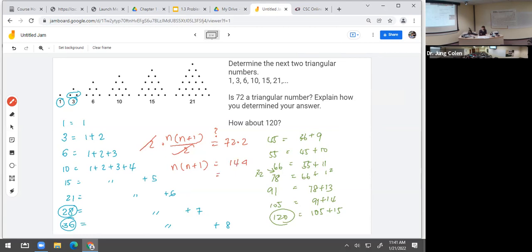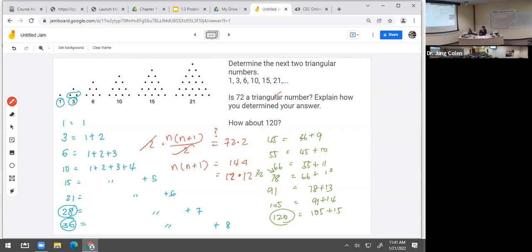But if you think about the factors of 144 to make it as 2 factors where one is greater than the other, you can't, because 144 is 12 times 12. It's not like 12 times 13 or 11 times 12. It's in between. So you cannot have n times n plus 1. That's why it is not a triangular number.